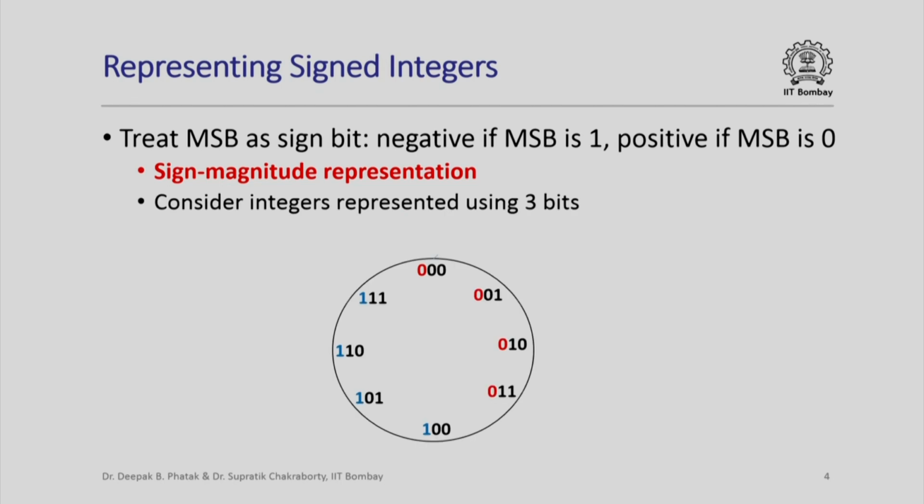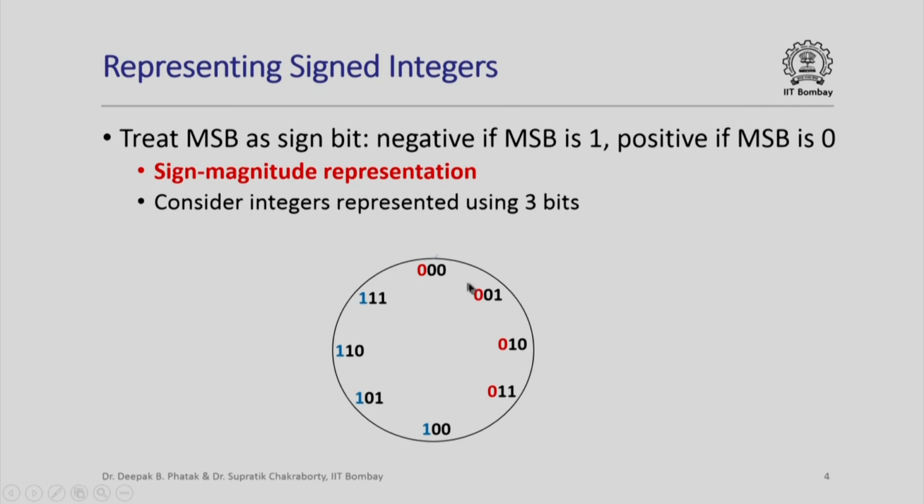and we have seen similar examples earlier, where here I am trying to represent integers using 3 bits, and I have arranged the integers along a circle. As an unsigned integer this represents 0, this represents 1, 2, 3, 4, 5, 6, 7.